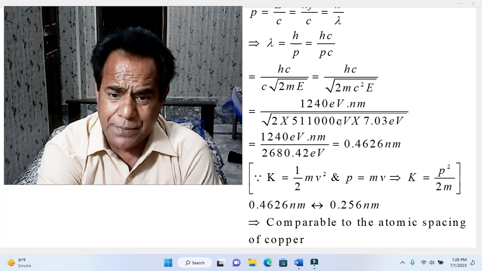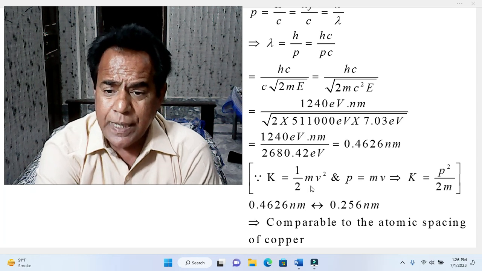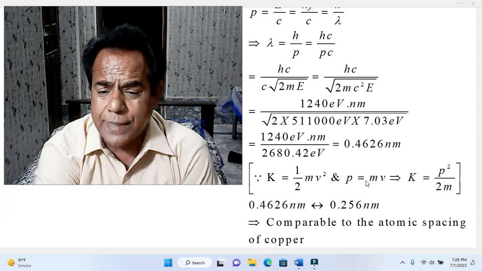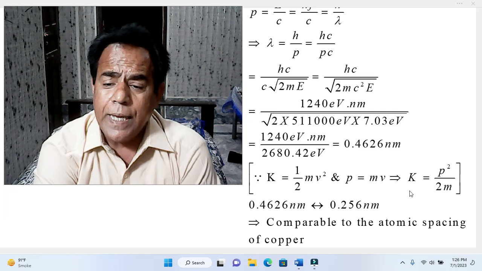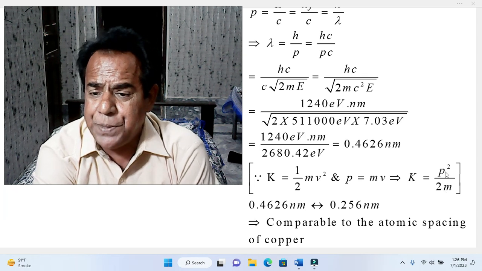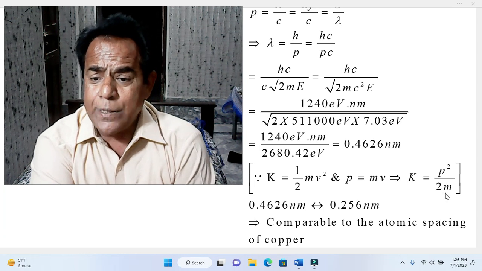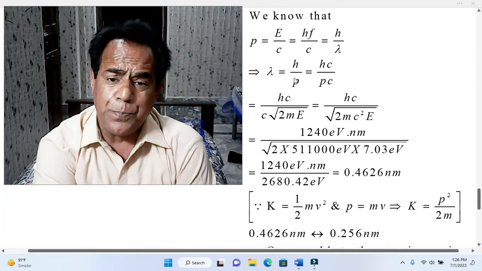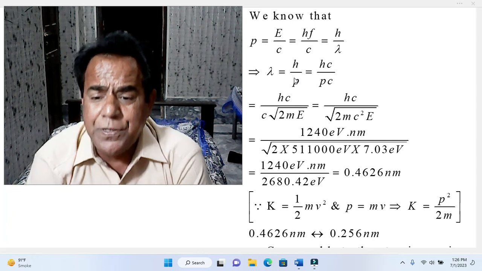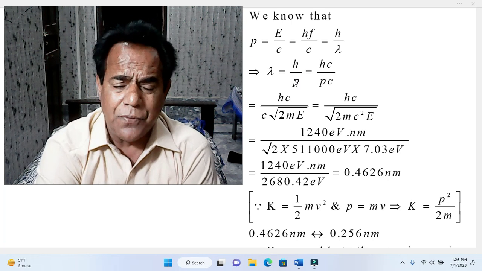Next, within the bracket we have explained a comparative arrangement, because kinetic energy is equal to half mv square and momentum p is equal to m into v, mass into velocity. This implies that kinetic energy becomes equal to p square over 2m, and hence p becomes equal to the square root of 2mK. But here in this problem we are dealing with Fermi energy, so in place of K we will use E, simply E, or E_F, Fermi energy.